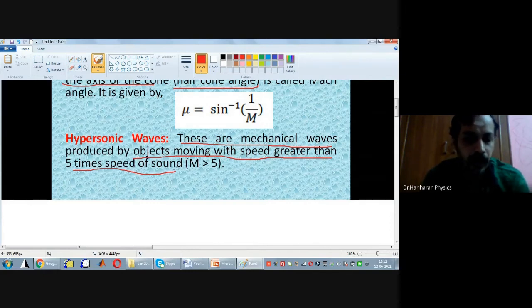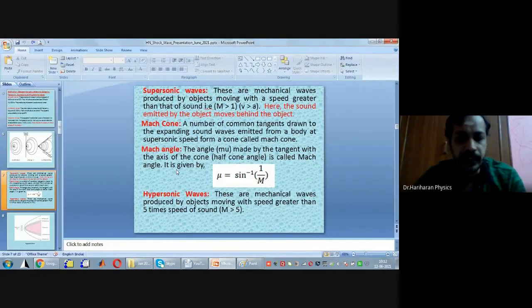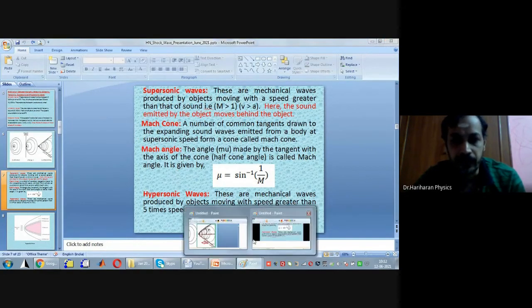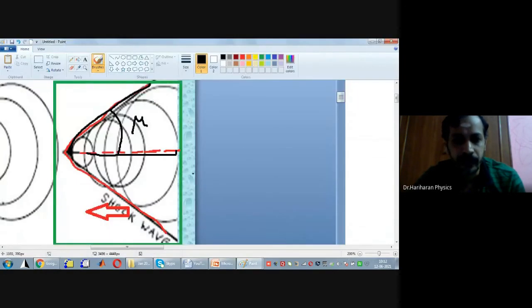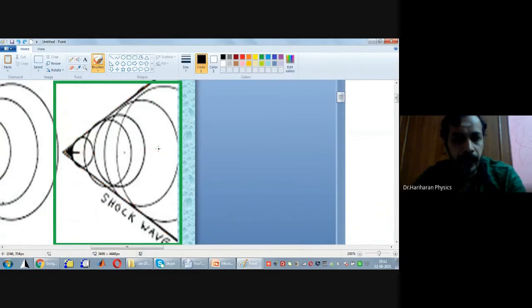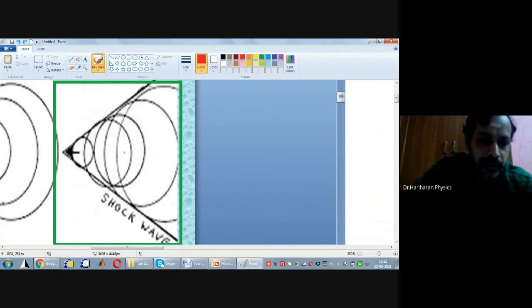Okay, why are they called hypersonic waves? Understand here. If I go to this original figure, can you see here, when the speed of an object happens to be, say, M equal to 2, the locus of direct common tangent is going to be a straight line.